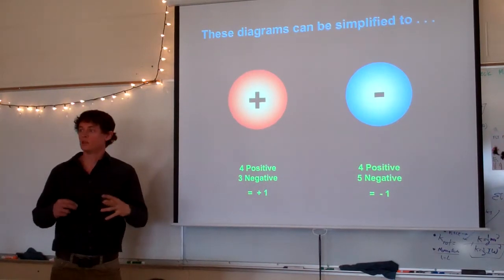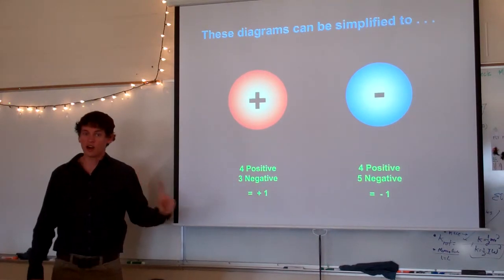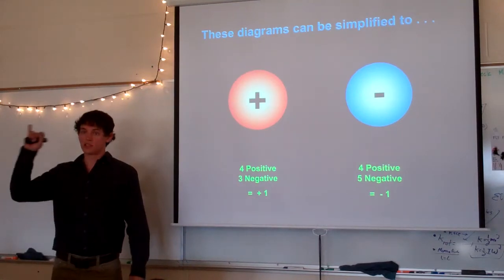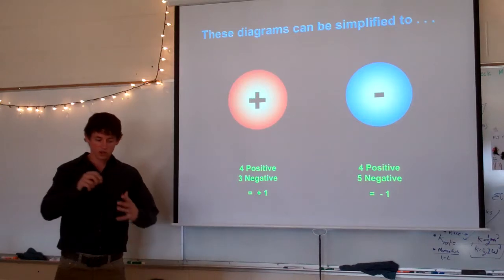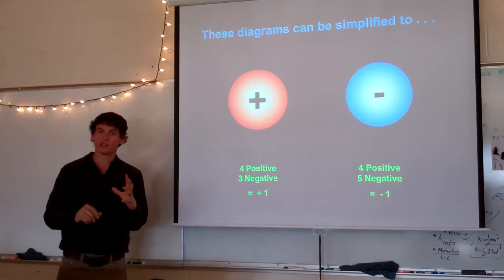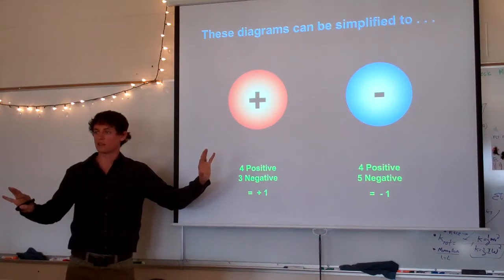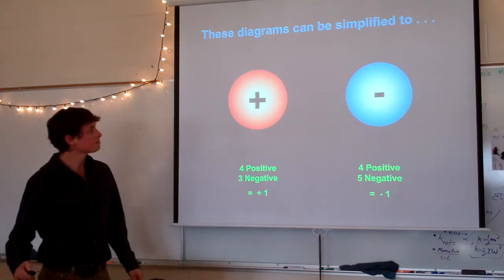It's actually, we got these atoms and they're imbalanced, but we are not going to draw atoms in this class. Okay? You guys already did that in chemistry, or you will when you decide to take chemistry. We're not going to look at the Bohr models and all that. We're just going to say, oh, okay, over here we can have positive charges and negative charges. All right, we simplify a little bit down to this.